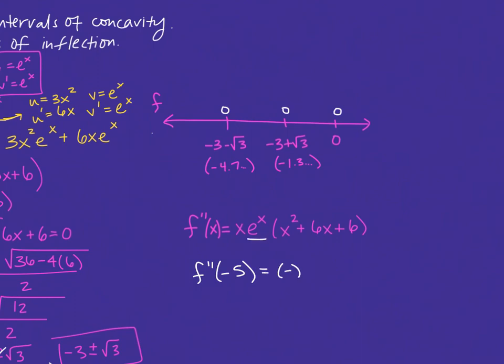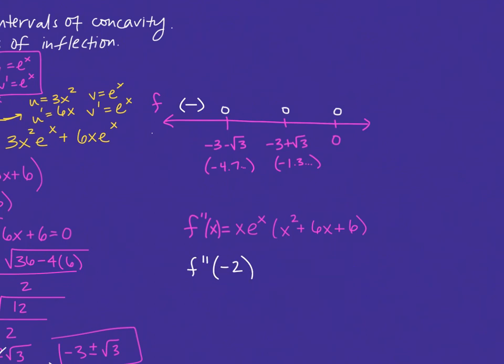Remember, e to the x is always a positive output. E to the -5 is still a positive number. And then plugging in -5 into this last factor here, we'll have a positive 25 minus 30, so -5. Then plus 6, so just making it a +1. So that's positive. Therefore, a negative times a positive is a negative.